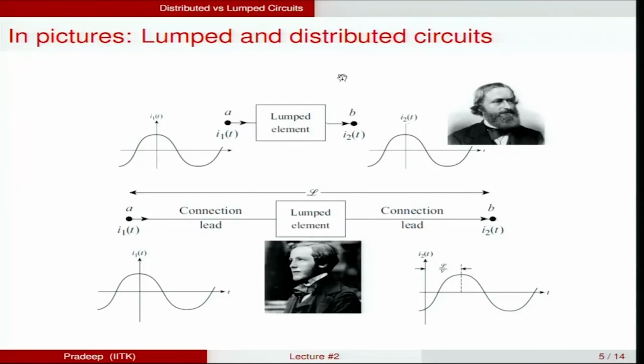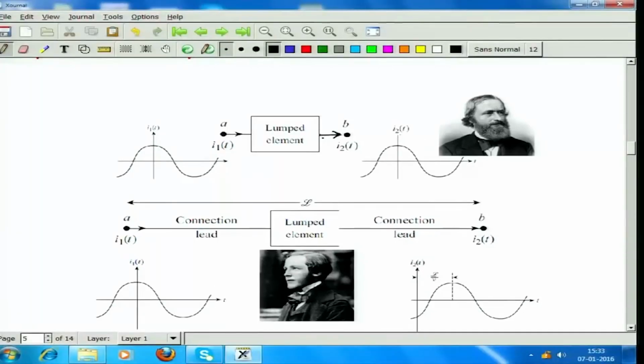These connecting leads that you have considered will actually have no effect, because you see the current I1 of t: the moment you turn on the current I1 of t, it will immediately be available at the output of this lumped element.